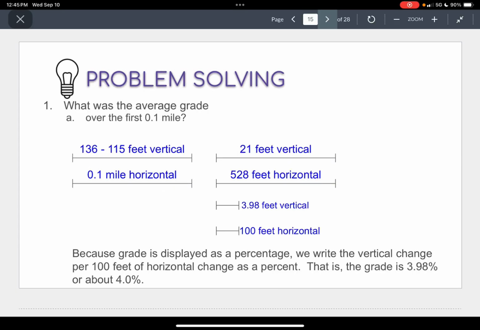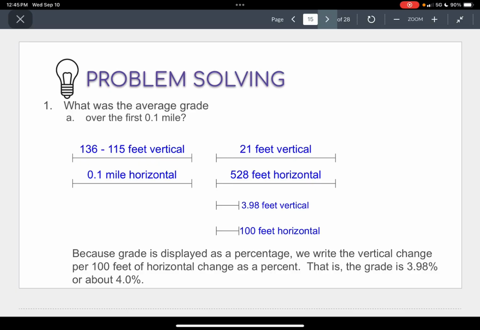So what was the average grade over that first 1/10 of a mile? I can calculate my vertical change, which was 21 feet vertically, over that first 1/10 of a mile. Well, I know a 1/10 of a mile is equivalent to 528 feet. Recall, there's 5,280 feet in a mile, so a 1/10 of that is 528.